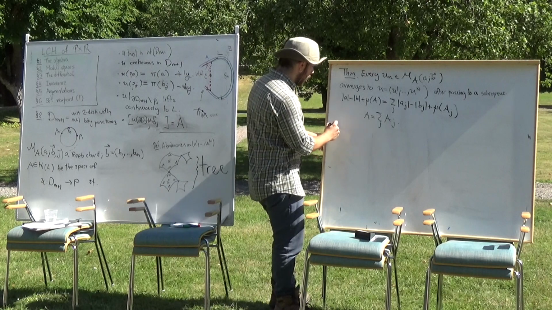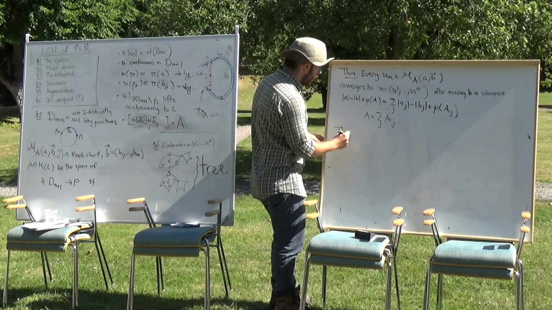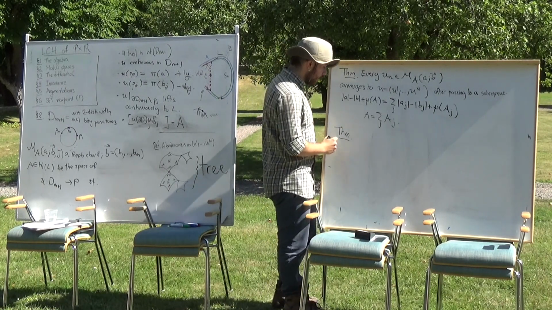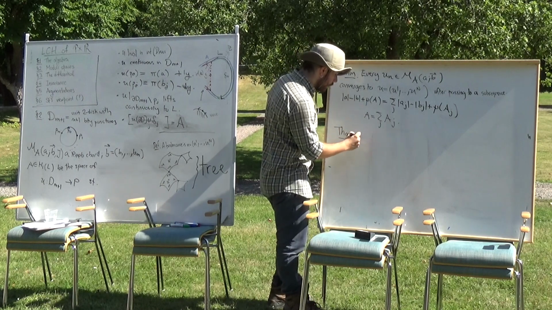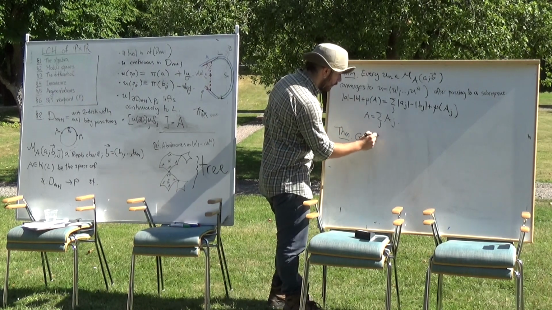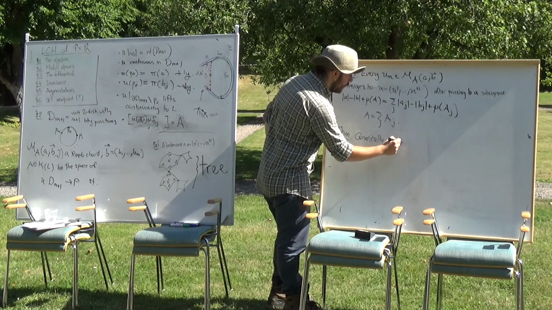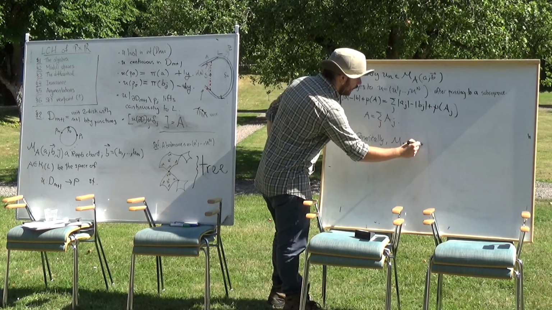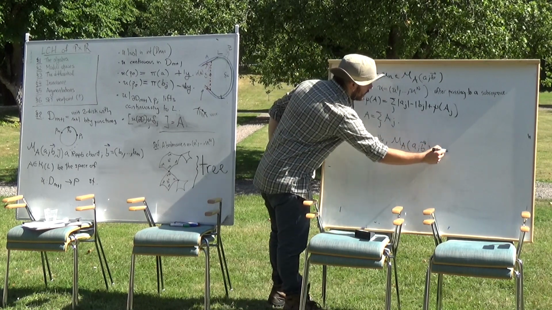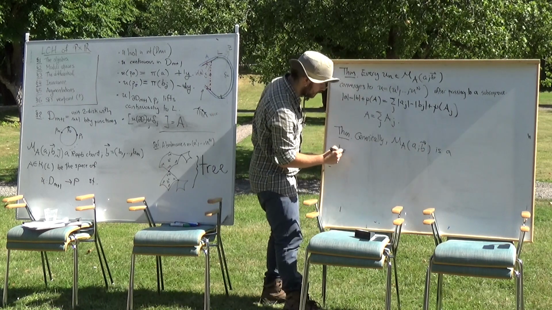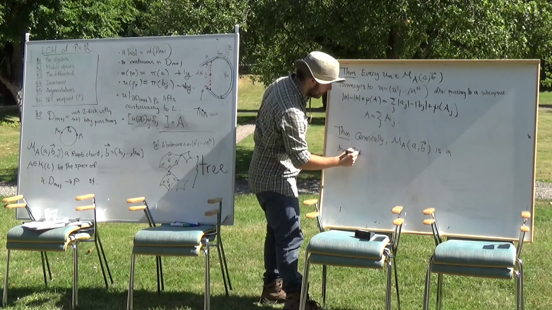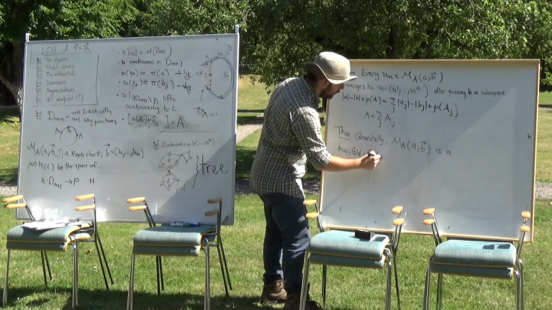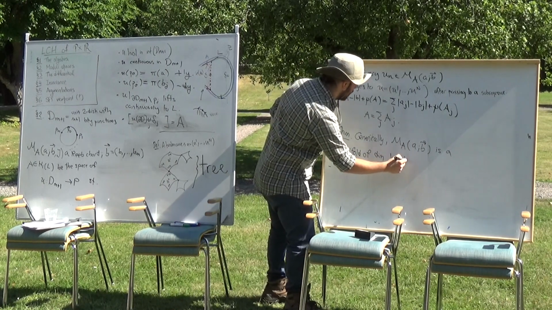Okay. So now we have regularity, which is that, I'm going to be a little sloppy here, but generically, M_{A,B} is a manifold of dimension given by this index minus 1.